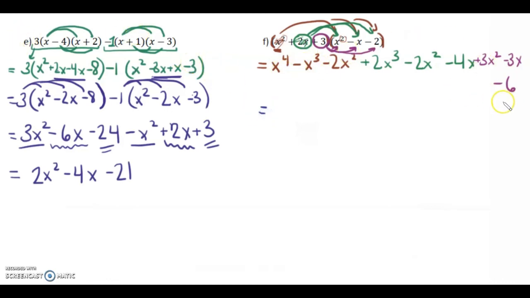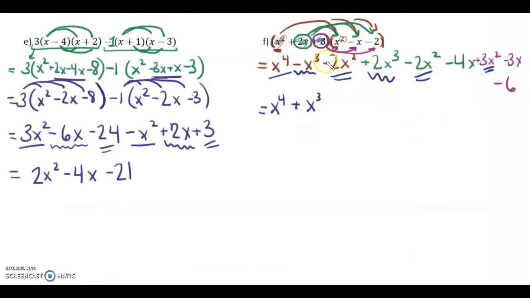Okay, so the expansion part is completely done. We took each and every term in the first bracket and we multiplied it by each and every term in the second bracket. Okay, and now we collect like terms. So we don't have another x to the 4 term, so we can just write that down. We have negative x cubed and 2x cubed, so that simplifies to x cubed. Negative 2x squared and 3x squared, and negative 2x squared.